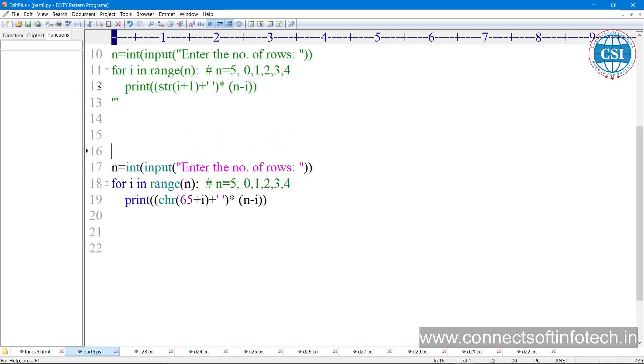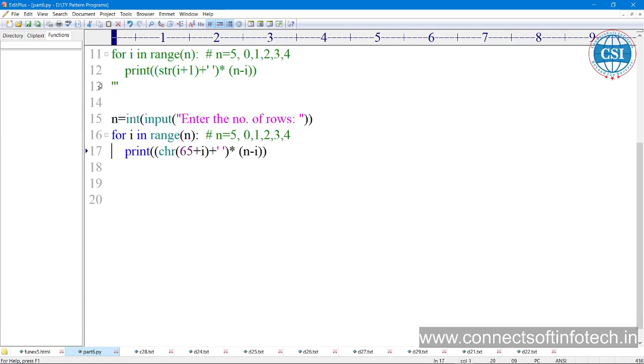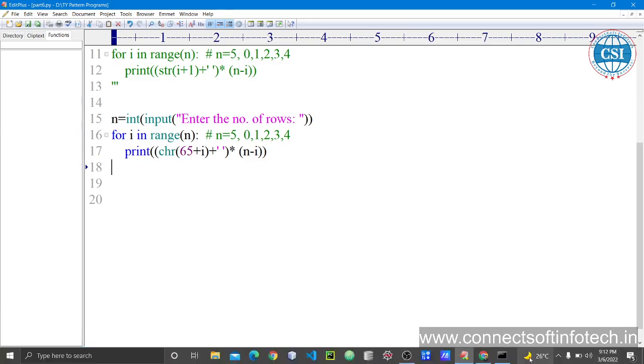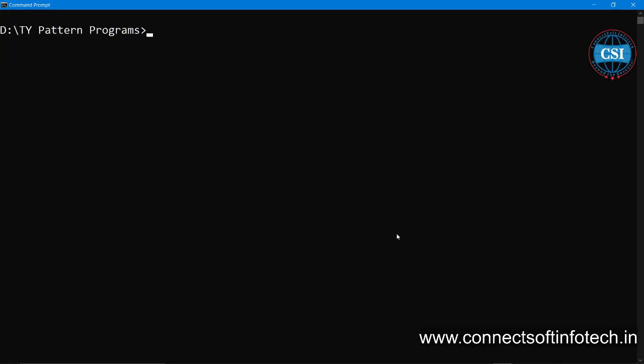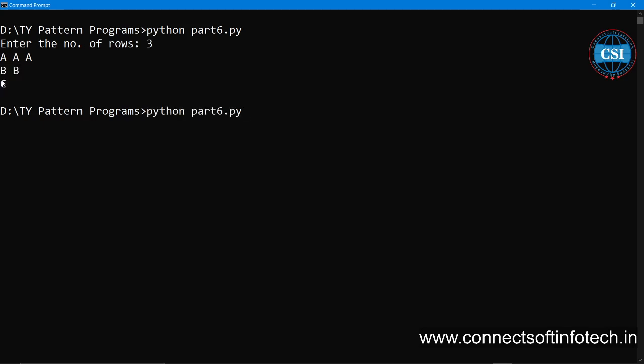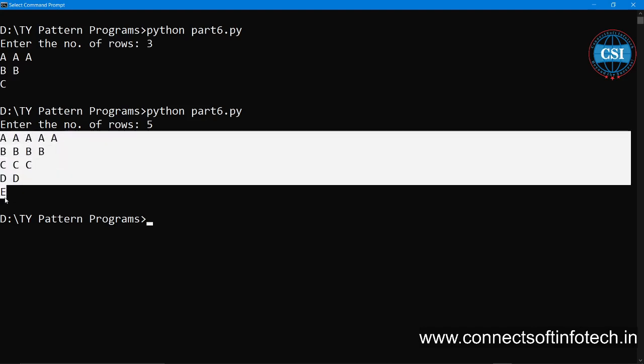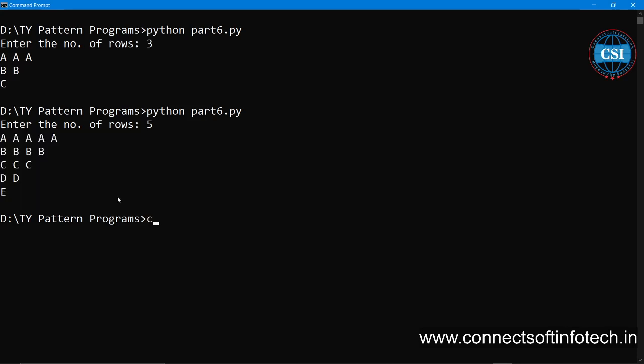With the number of rows 3, perfectly you are getting triple A, 2 times B, last is C. With 5, you get 5 times A, 4 times B, 3 times C, 2 times D, 1 time E. Inverted right angle triangle pattern with alphabets.